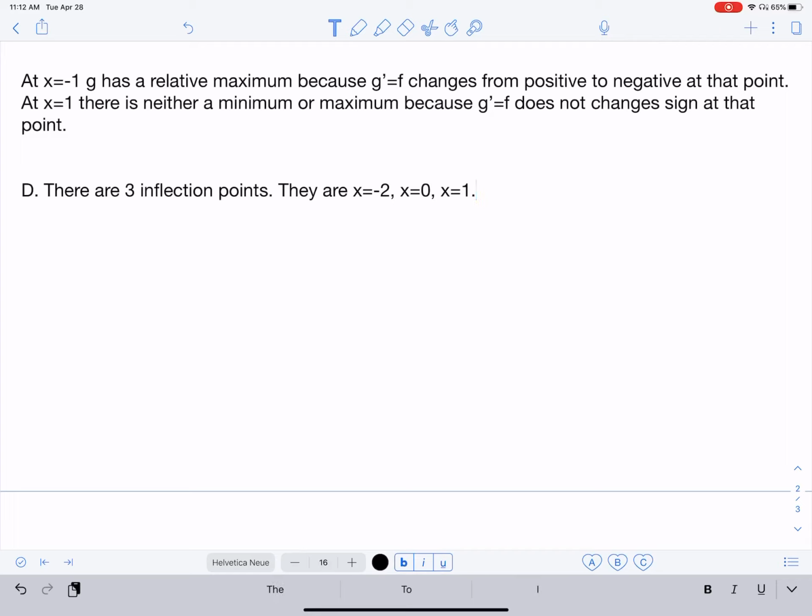How do we know? They are inflection points, or I'm trying to make myself sound a little bit smarter than what I'm going to write here. We know they are inflection points because at those points, G double prime of X, which equals F prime of X. So now I'm talking about F prime of X. What is F prime of X doing?